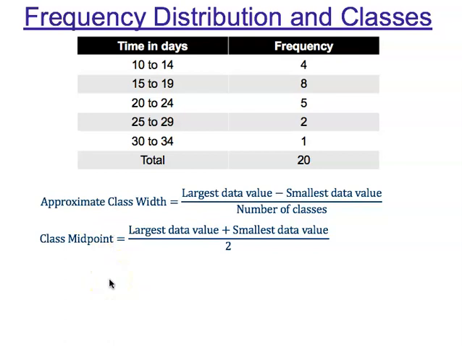You might also want to find the class midpoint. That is essentially the average in the data set. To do this, you take the largest data value, again 34, and you add the smallest data value, which is 10, that gives you 44.